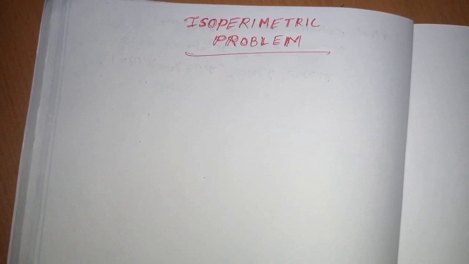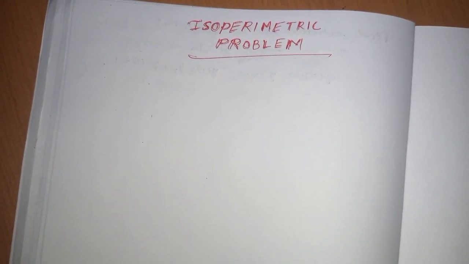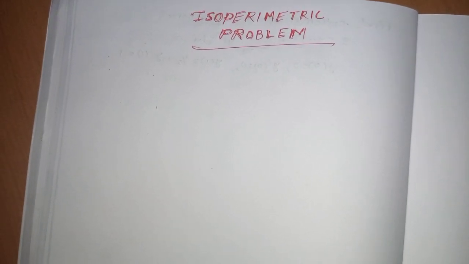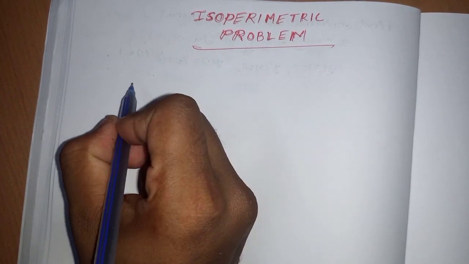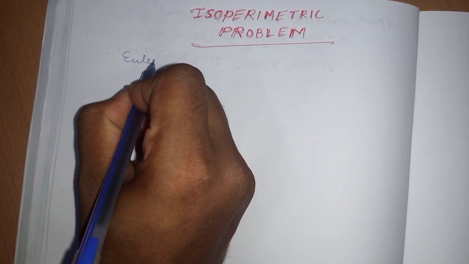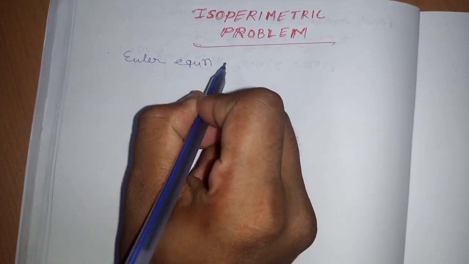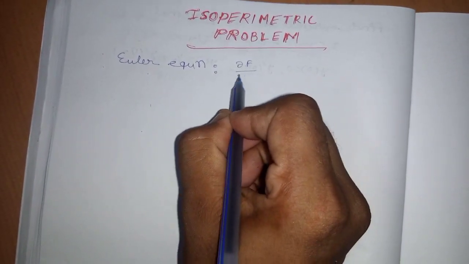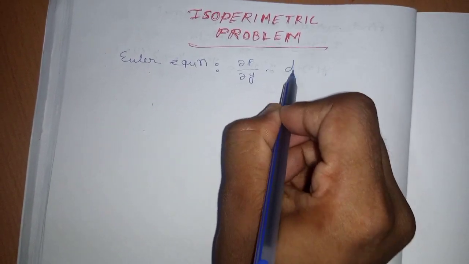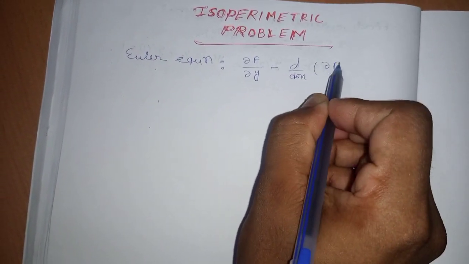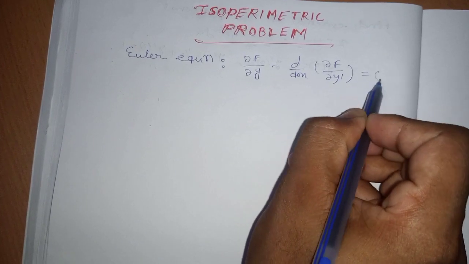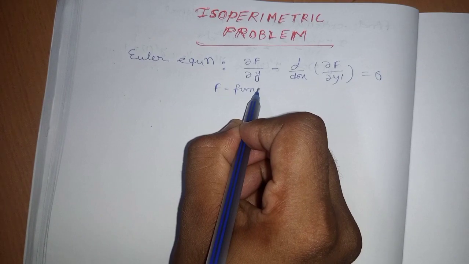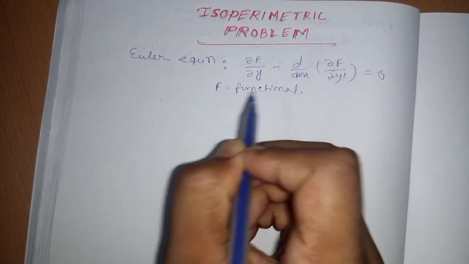In my previous video of COV, I discussed finding extremum using the Euler equation. Now what is the Euler equation? Euler equation is del f by del y minus d/dx of del f by del y dash equal to 0, where f is our functional.